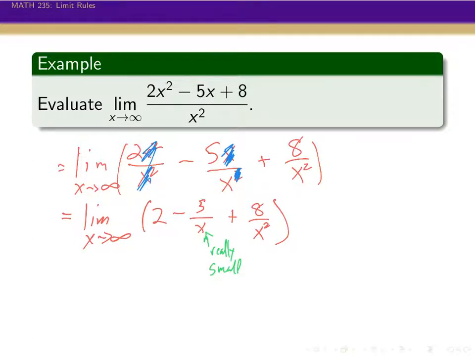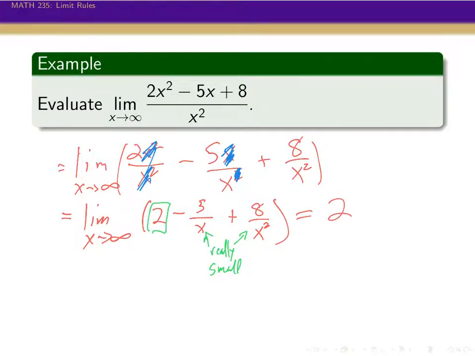And 8 divided by x squared, that's 8 divided by a really big number, which is also going to be really small. And so what's really contributing in this limit is just this 2. And so we'll say this limit is 2, right?